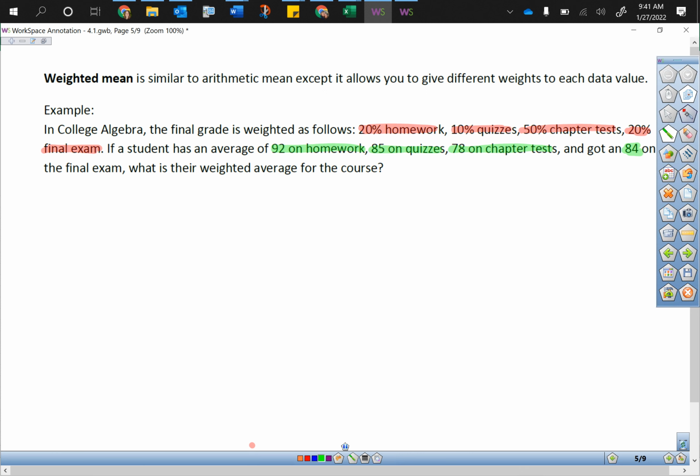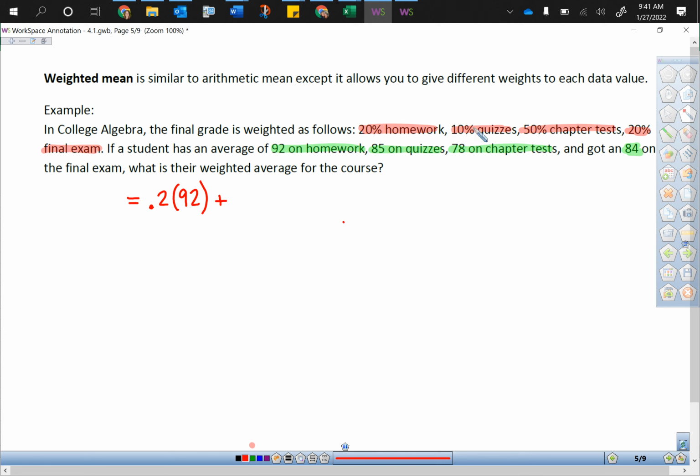Now to figure this out, you just have to take their weights and multiply it by their grades and add them together. So if they get 20% of homework and they got a 92% on homework, that means it's going to be 20%, which is 0.2, times their grade on homework, which is 92. Then we're going to add that to what they got on the quizzes.